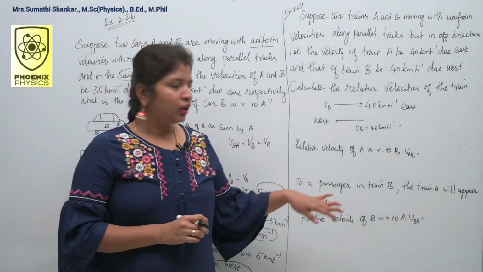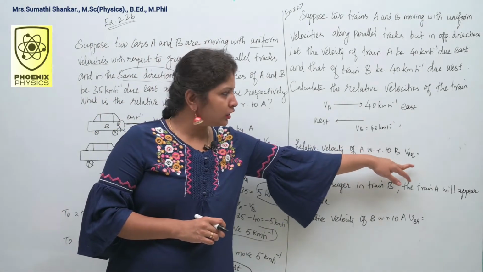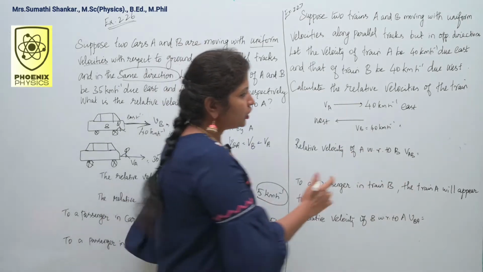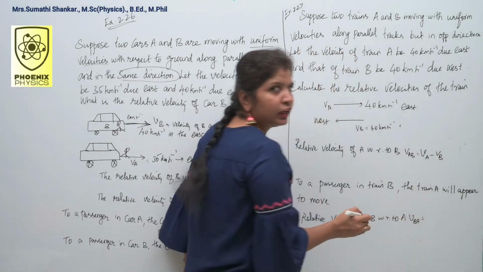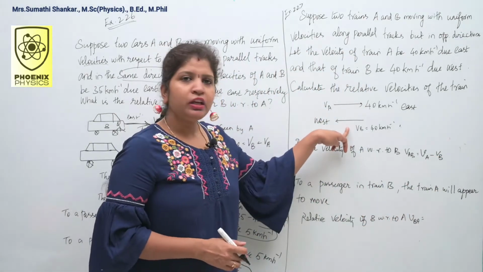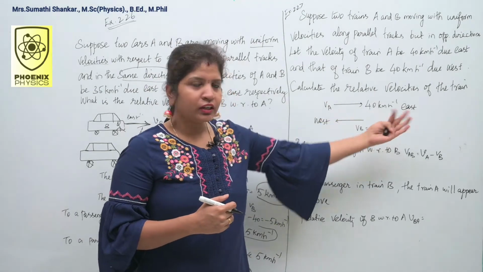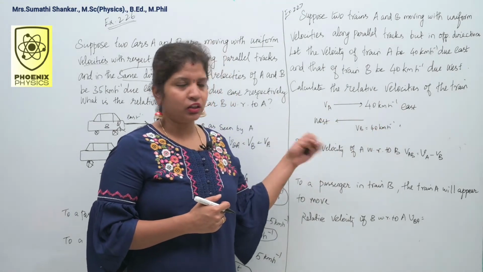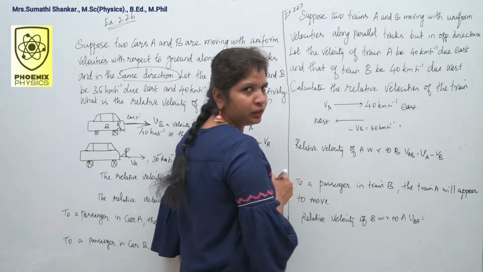You know the formula. The relative velocity of A with respect to B can be written as VAB. The general formula is VA minus VB. Here VB is in the opposite direction, because this line is in the east direction and this line is in the west direction. So instead of VB you can write minus VB.